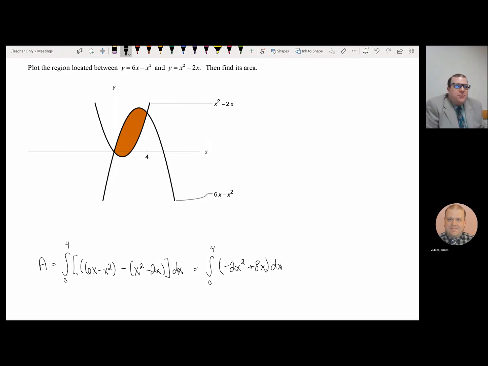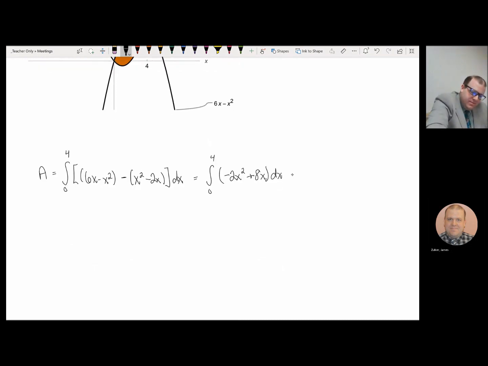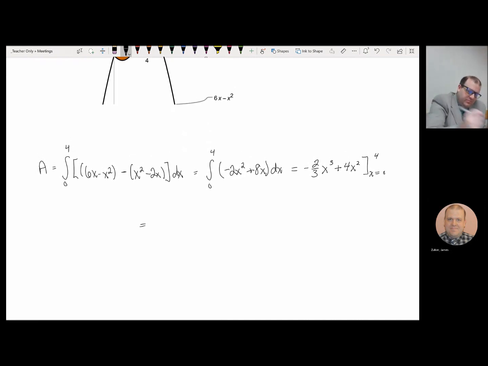Again, this is a fairly straightforward integral to take, right? Antiderivative: negative 2/3 x cubed plus 4x squared. Evaluate that from 0 to 4. What is 4 cubed?